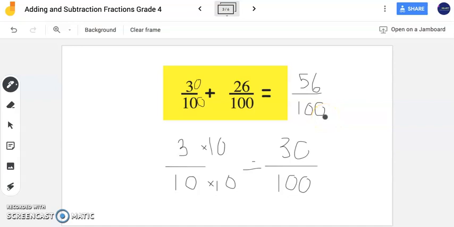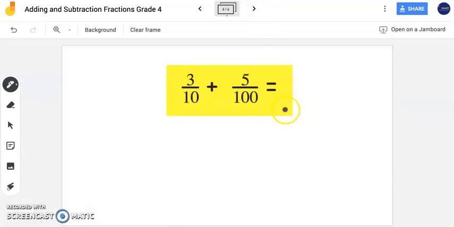Notice before I add or subtract, it's very important that you change your denominators so they are exactly the same. In this problem here, again, I have 3/10 plus 5 hundredths. Now, in this situation, I have 10 and 100 as my denominators. I'm going to change 3/10 to 30 hundredths because I proved in my previous problem that 3/10 and 30 hundredths were equivalent.